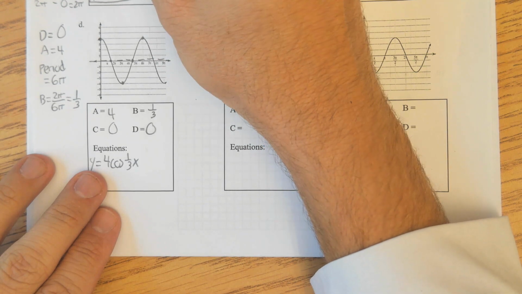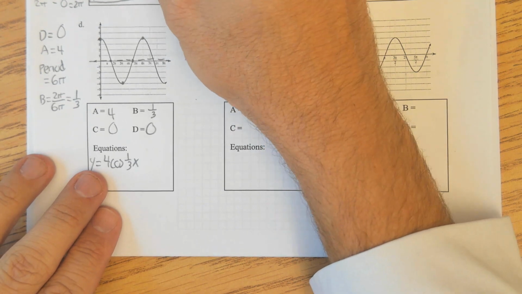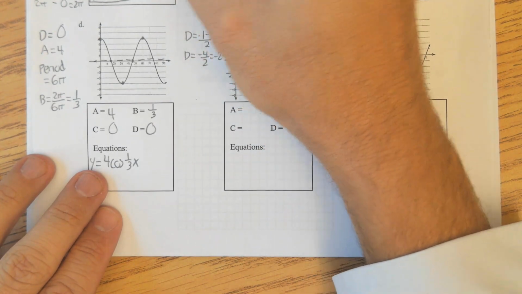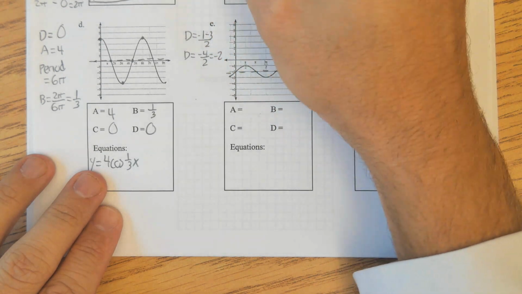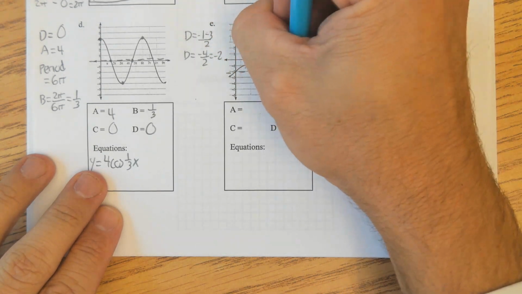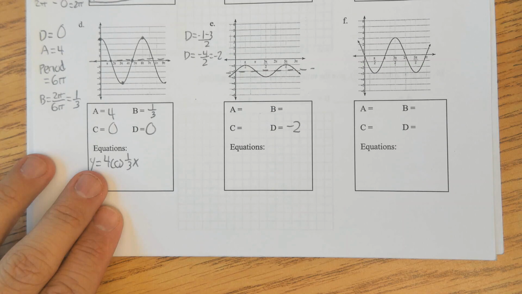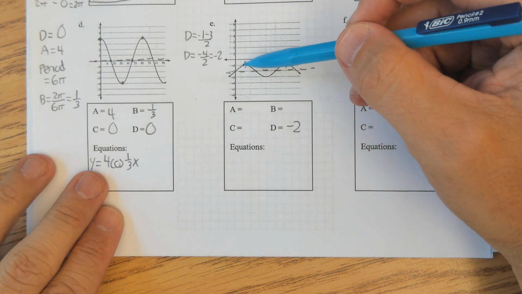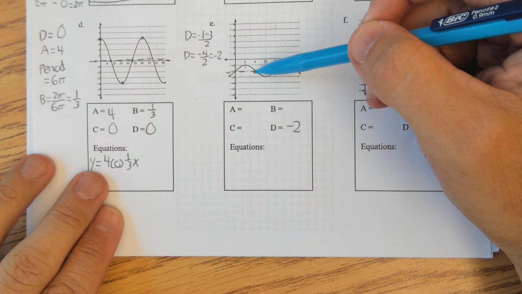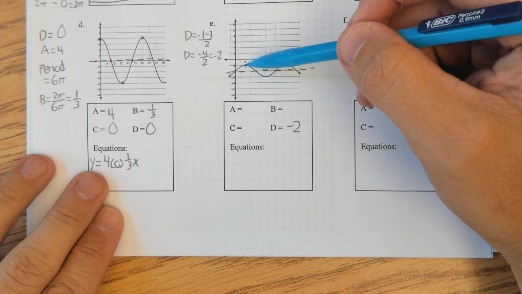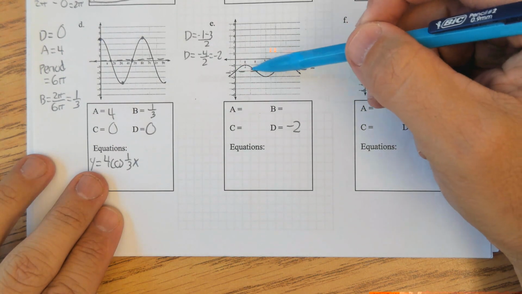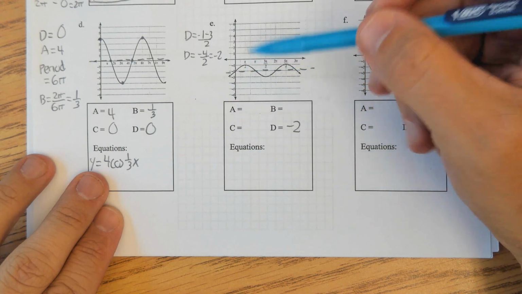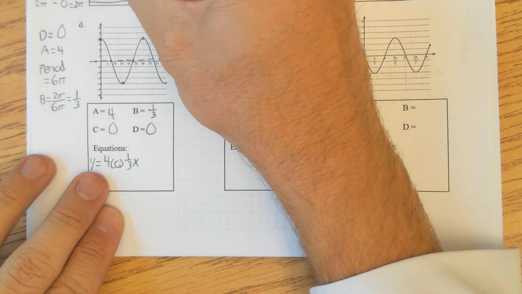That means D is equal to negative 4 over 2, which equals negative 2. So D is equal to negative 2. Now, your amplitude is your max minus your midline. So my max is at negative 1 minus my midline, so you get A is equal to 1.